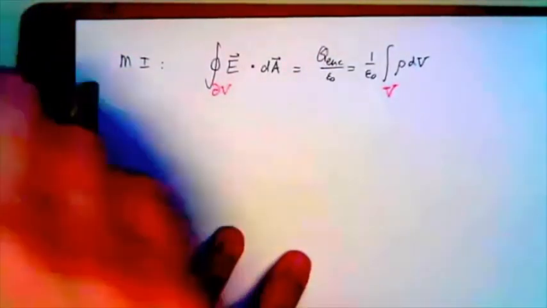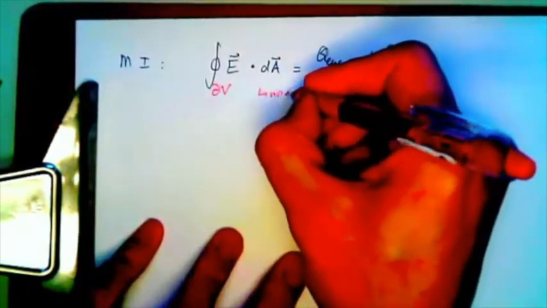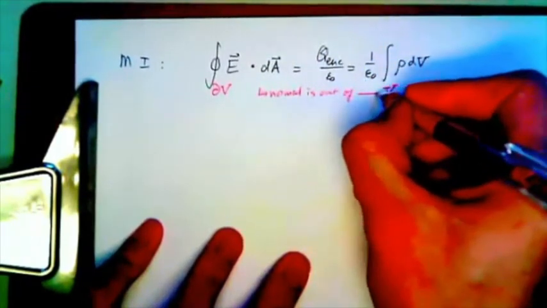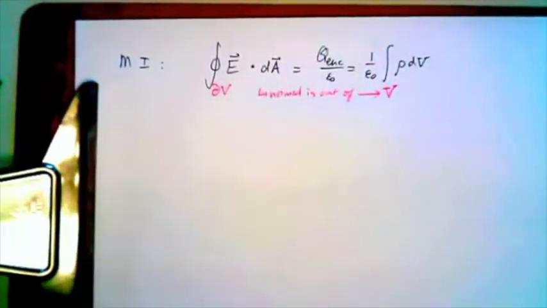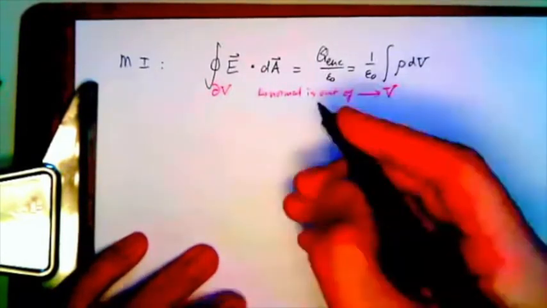And the normal is pointing out, out of V. And we can define an inside and an outside because the Gaussian surface is closed.